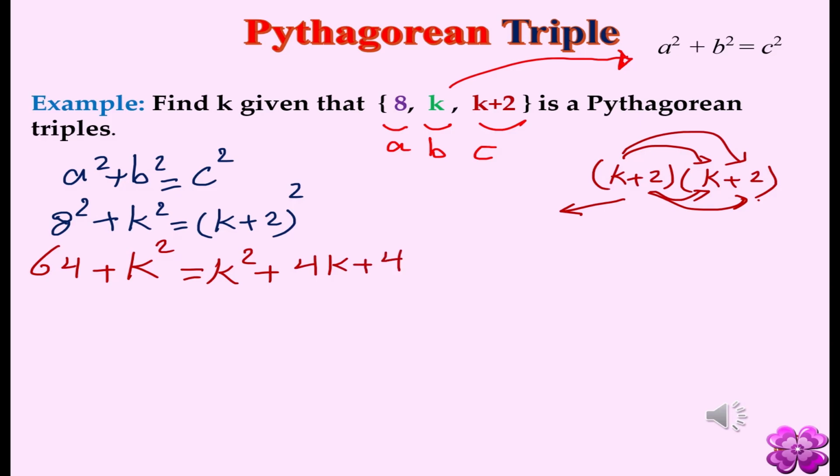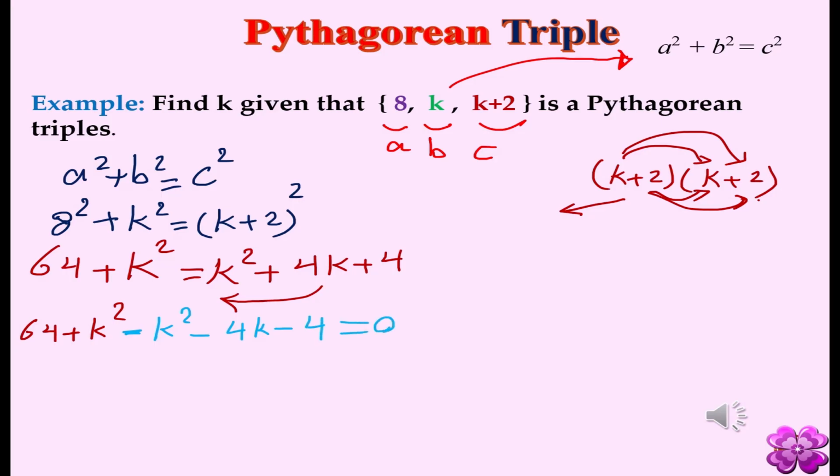So now we are going to solve this equation. I'm going to send all three terms to the left side. So I will get 64 plus k squared, and if I move the terms, I'll get negative k squared minus 4k minus 4 equals 0.